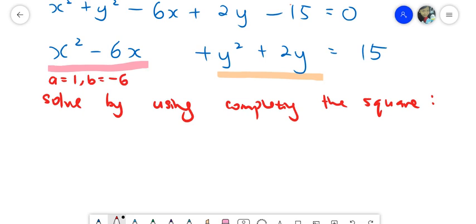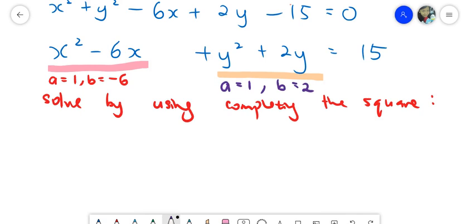Agree? No c, right? No worries. How about this one? Your a is 1. Your b is 2. Agree? I will use a darker color, easier for you to see.